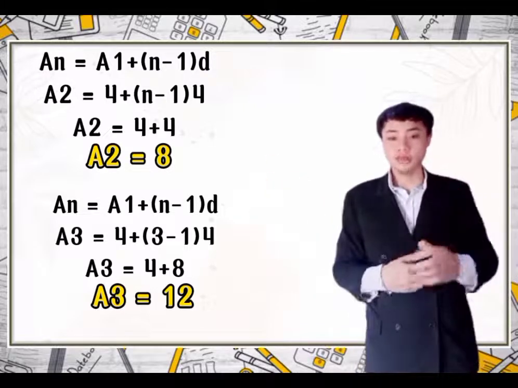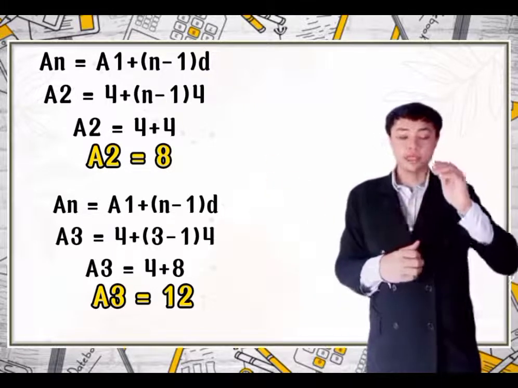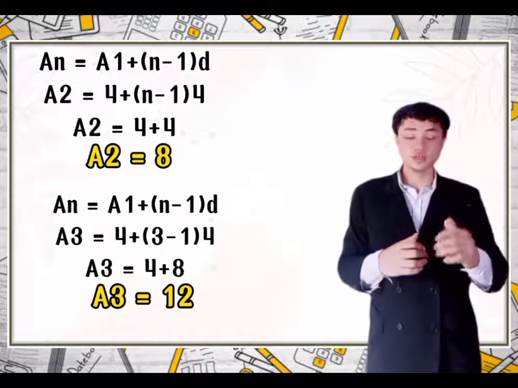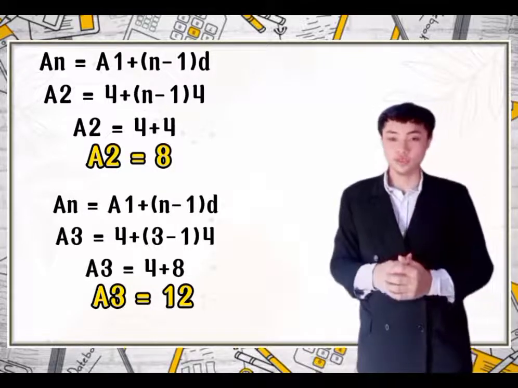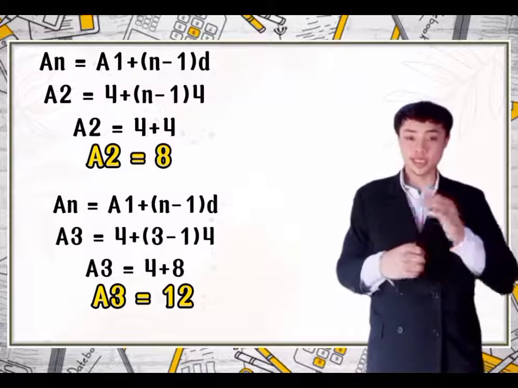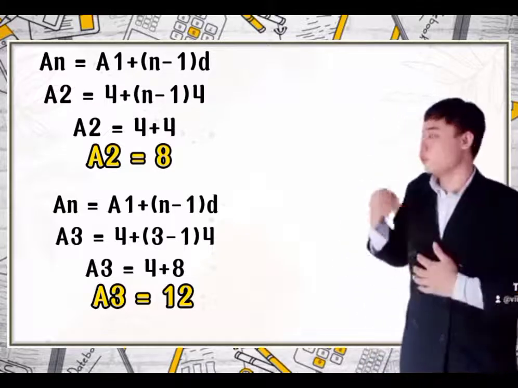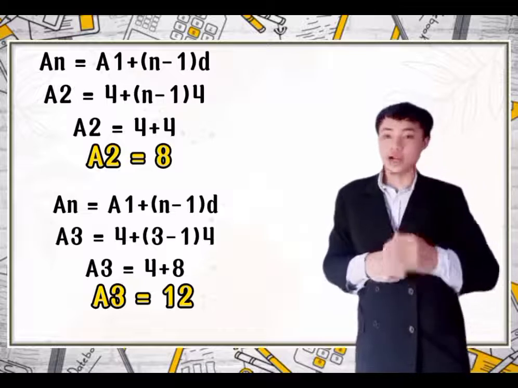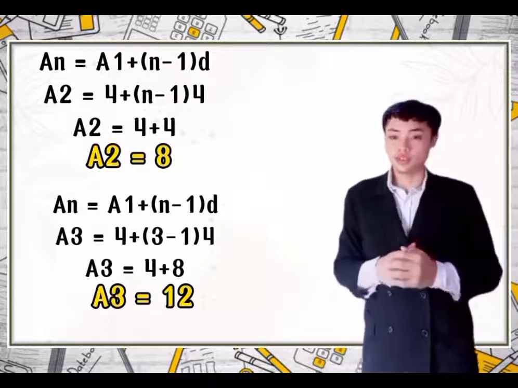Why does it become 8? Because 3 minus 1 is 2, then 2 times 4 is 8. So it becomes 4 plus 8, which results in 12. So our third term is 12.